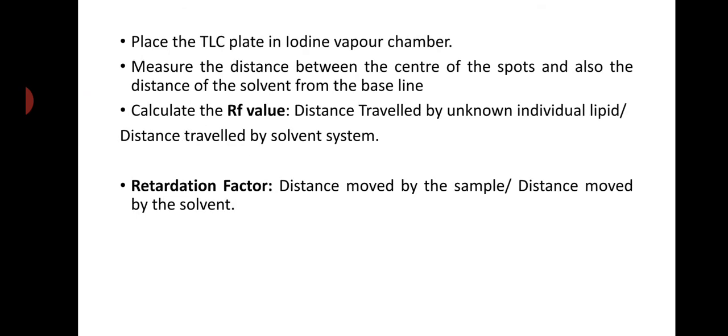When your solvent has run, make sure the solvent does not leave the slide, I mean it should not go out past the last stage, to the end of the slide. So I can say 80% of the slide it should run.